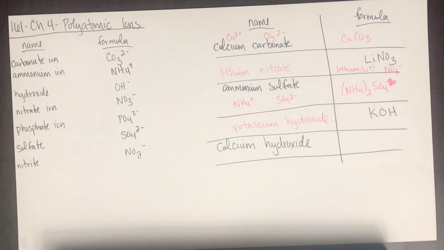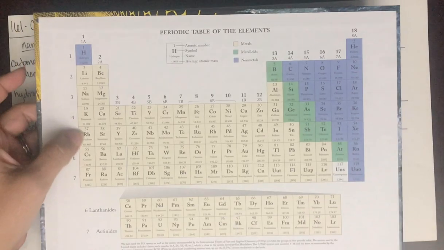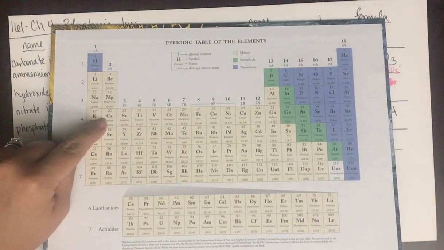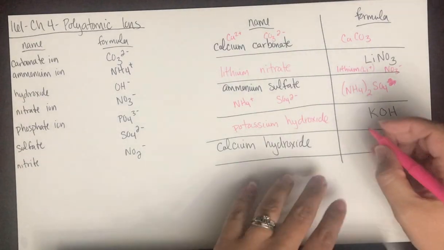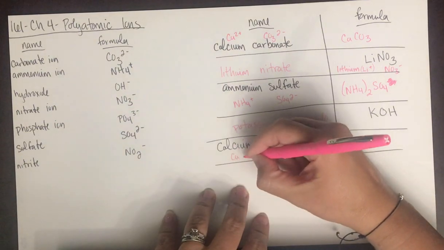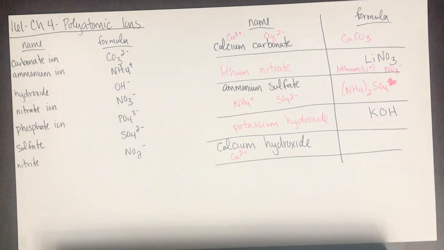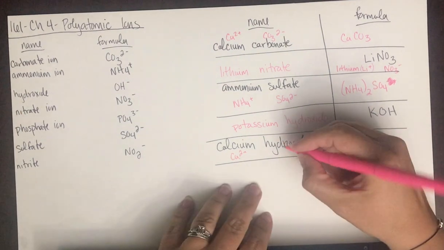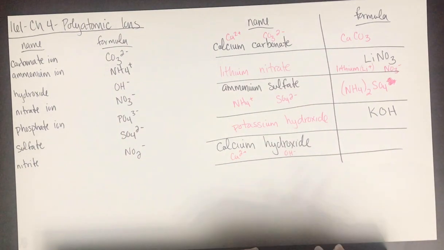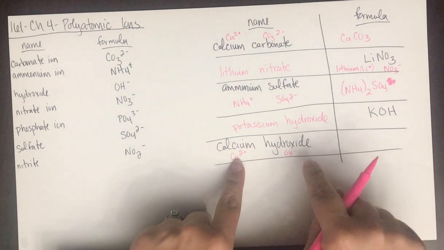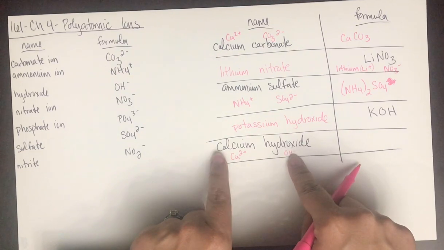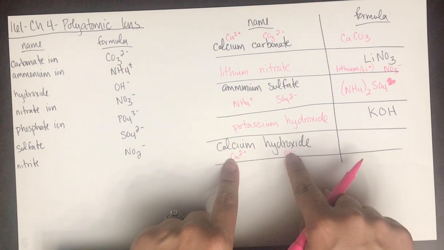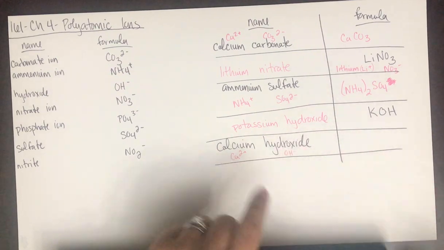Now let's look at the last one, calcium hydroxide. Calcium is here. It has a charge of +2 because it's got to lose 2 electrons to be like its nearest noble gas. So I'm going to say Ca2+. And then hydroxide, which is one of the list that I have to know, has a charge of -1, OH-. So I have calcium, which is +2, hydroxide, which is -1. So I need twice as many hydroxides as calcium, but I need O and H, both of those, to be 2.